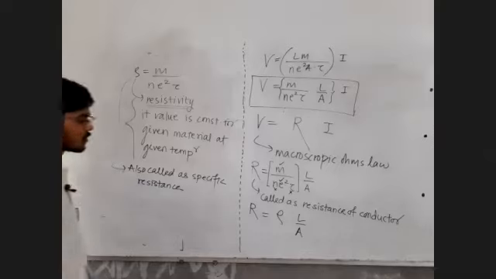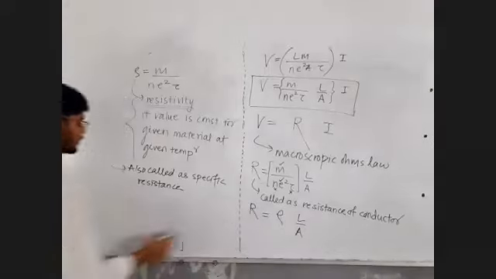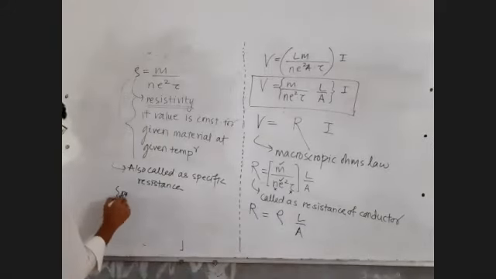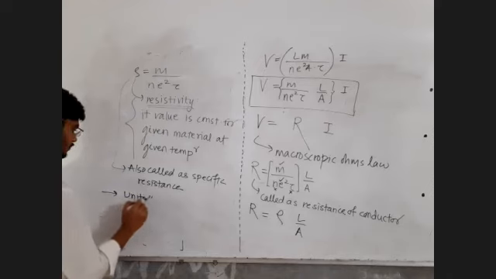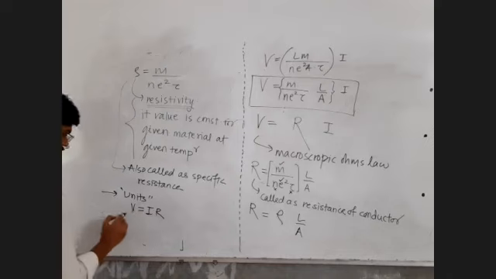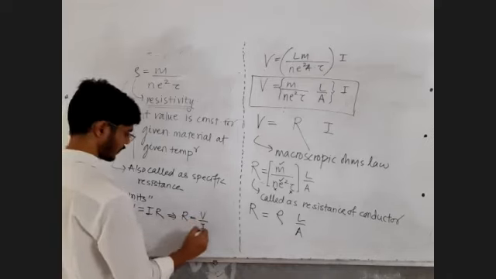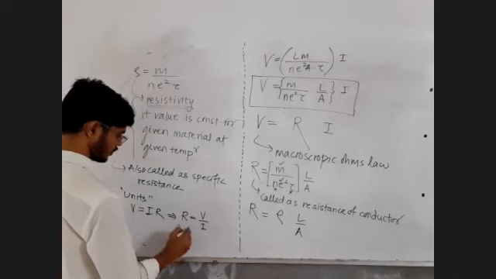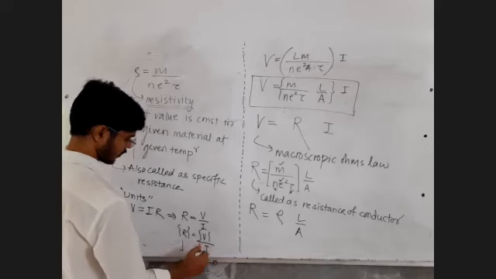What is the unit of resistivity? Let's figure that out. First, the unit of resistance. Let's do some unit calculation. V is equal to IR, or R is equal to V upon I. Unit of resistance is equal to unit of potential difference divided by unit of current.